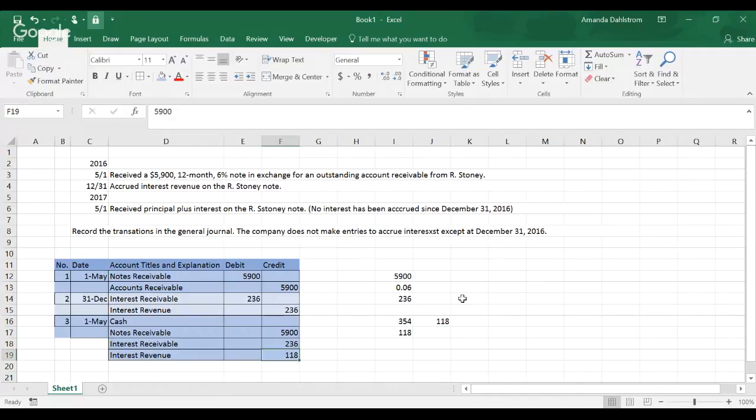Okay, so all we need to do next is we just go ahead and we add up everything that we've collected. So cash amount is going to equal the notes receivable plus the interest receivable plus the interest revenue. And that's going to give us a total cash debit of $6,254.